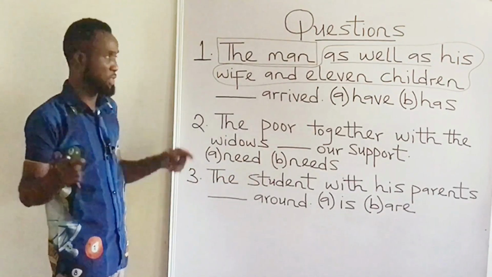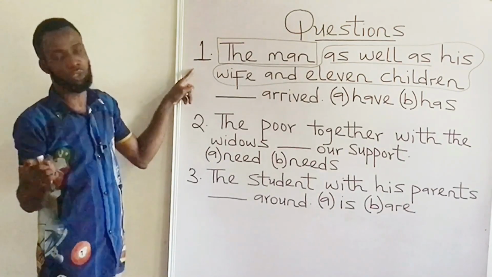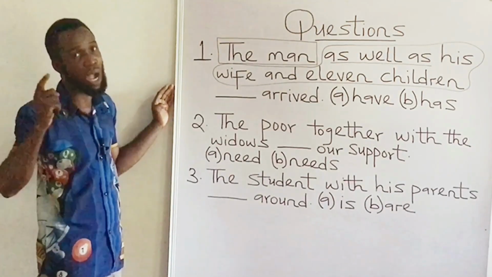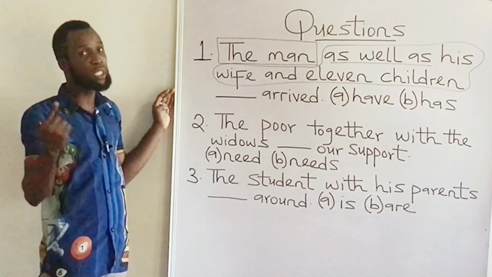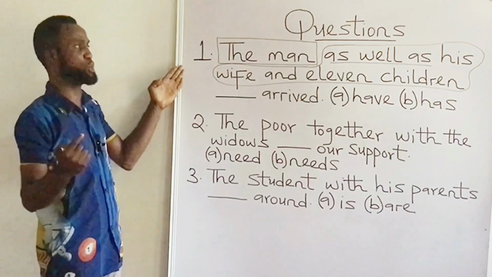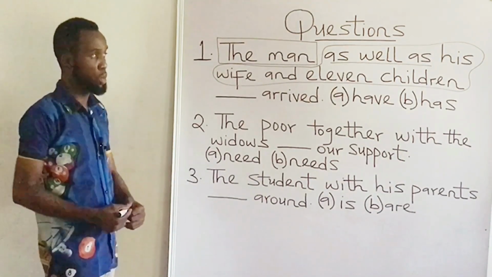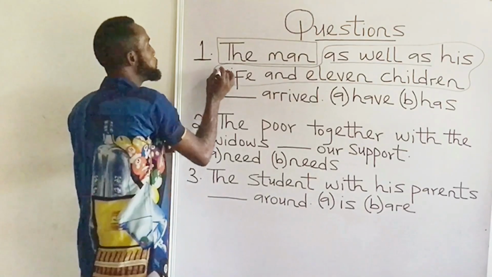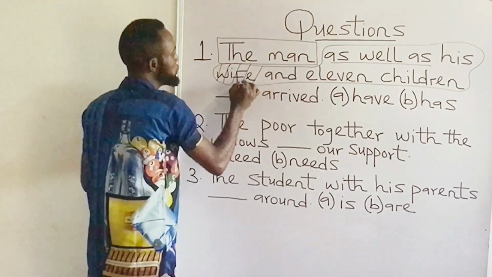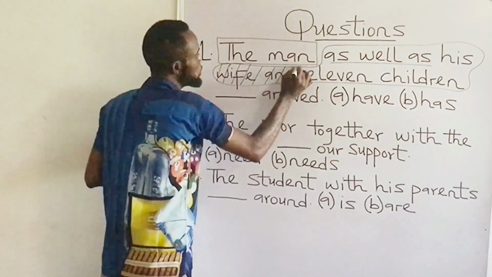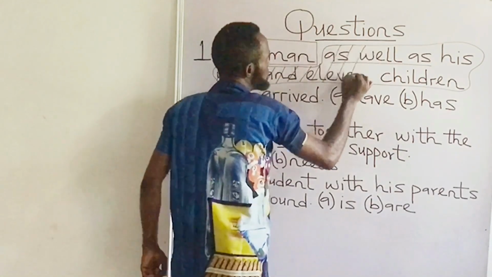For that reason, this question is under accompaniment concord. So we have to take our minds to accompaniment concord, because that is what this question is related to. Under accompaniment concord, we said that the prepositional phrase is not a part of the subject.